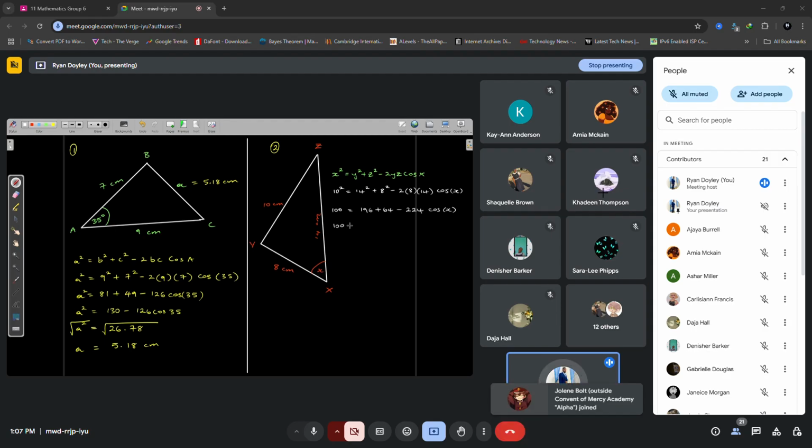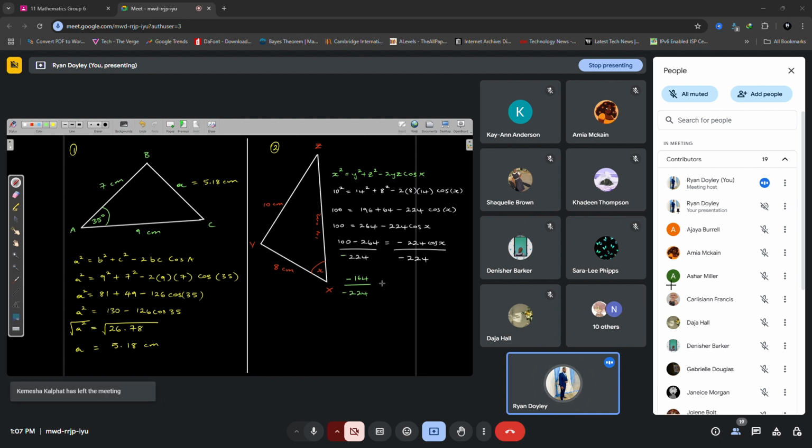So that's 100 is equal to 264 minus 224 cos x. 100 minus 264 is equal to negative 224 cos x. Divide both sides by negative 224. That's going to leave us with negative 164 over 224 negative.